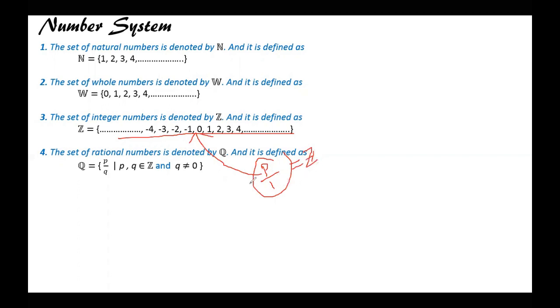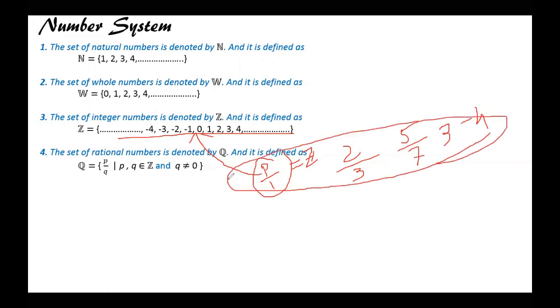Remember this one. Now we can have lots of infinite numbers also, which can be written as, say, 2 by 3, then 5 by 7, then 3, then -4. These all numbers belong to the set Q.